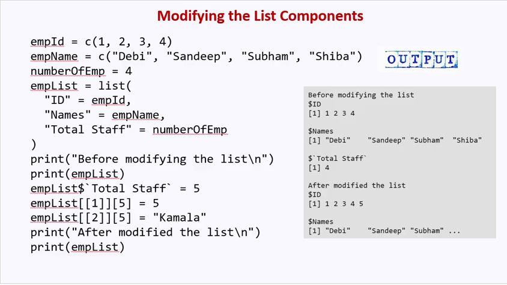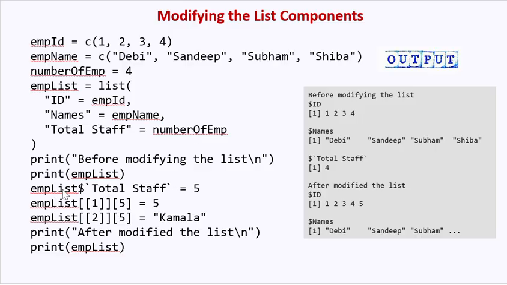So we got the respective output like you can see here. Before modifying the list, the ID, all the names and the total staff is 4. This is what we initially created. Now you see here we have added one more staff. So what will happen is the total staff number will increase.